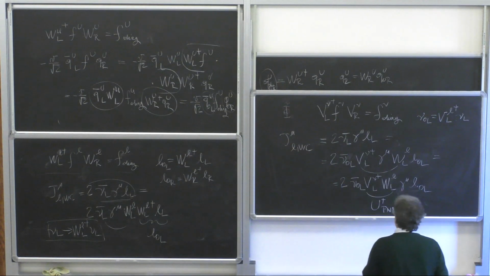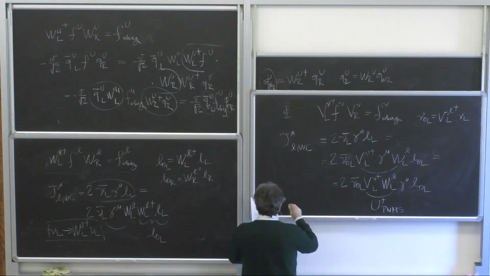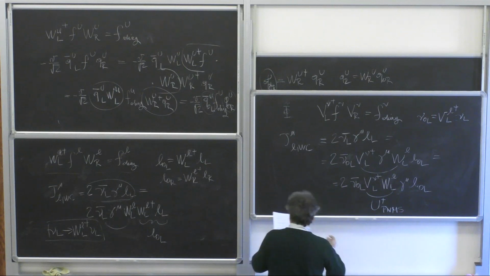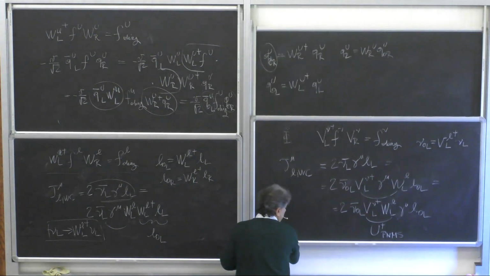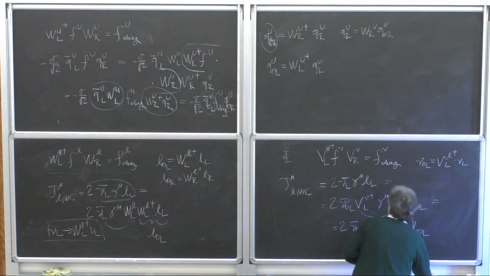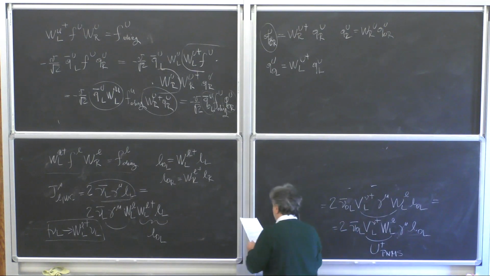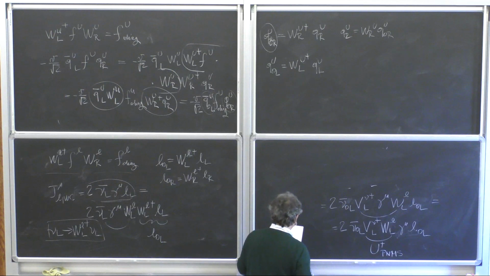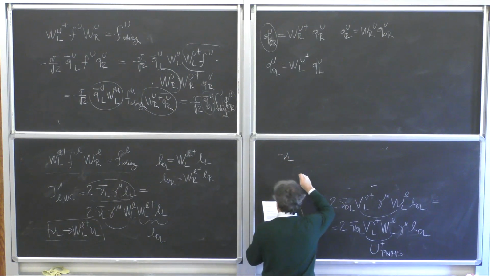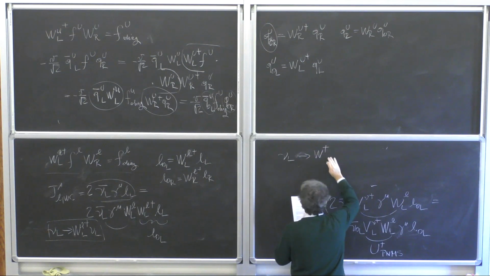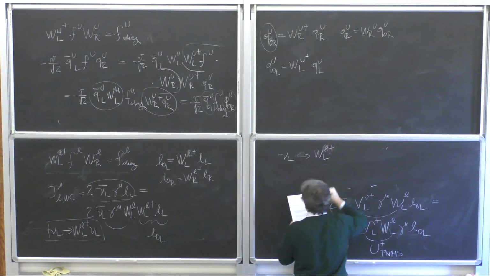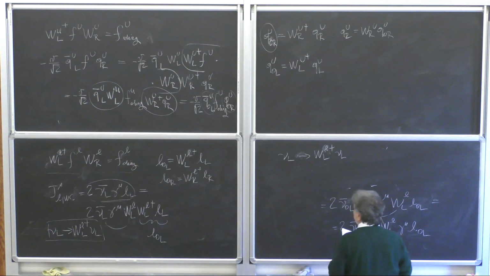And we can do one more passage here. So if you define nu L, the flavor eigenstate, now as W L dagger nu L, so also here we do a redefinition of neutrino fields.